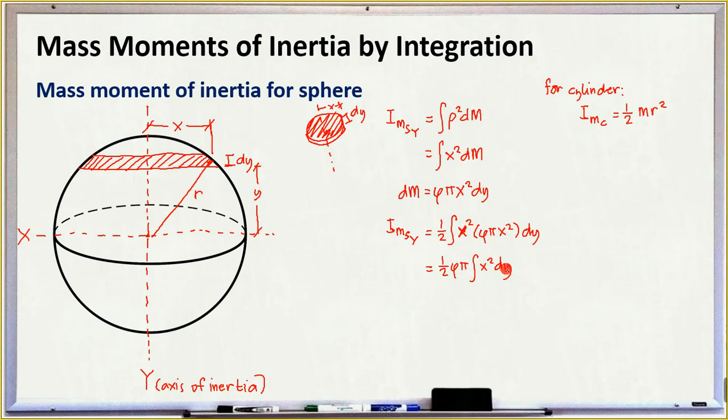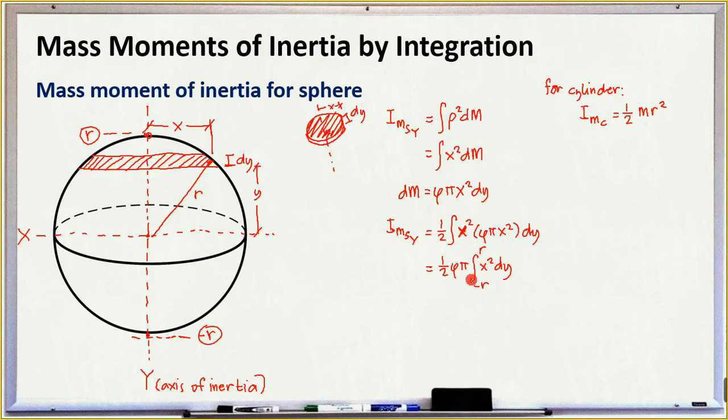The differential coefficient is dy, so our limits of integration are along the y-axis. The boundaries of our sphere: the distance from the origin to the lowest part is negative r, and on the upper portion, positive r. So our limits of integration are from negative r to positive r.